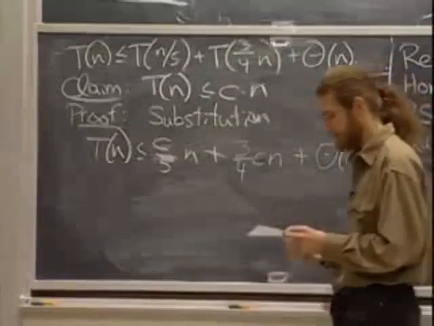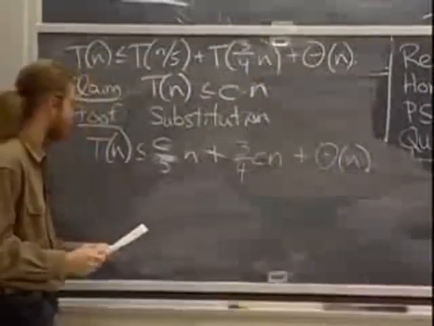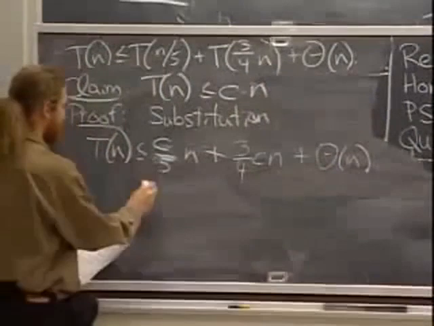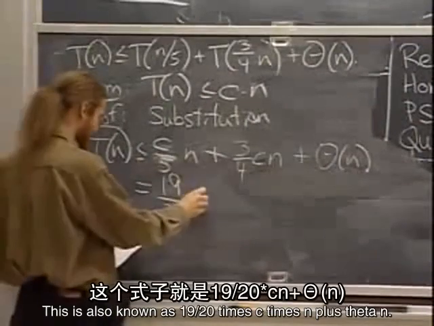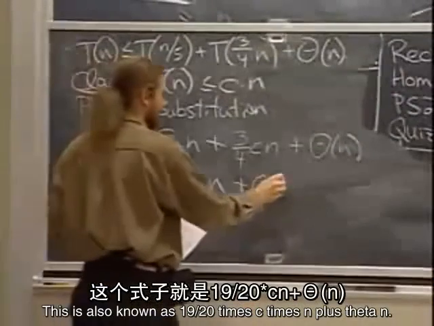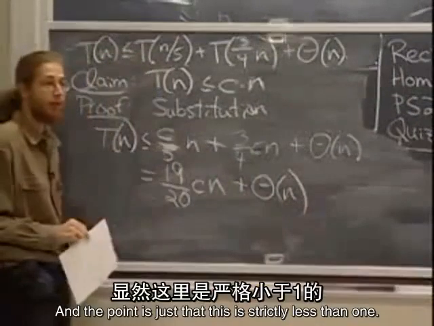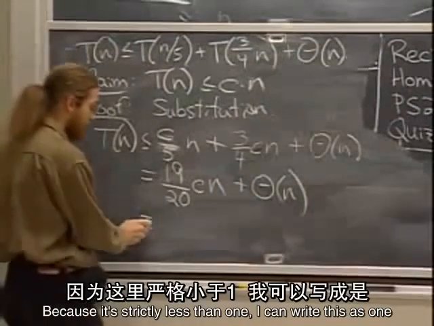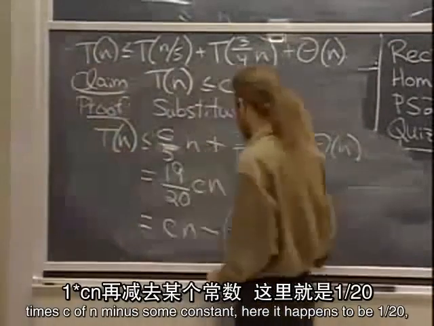Okay. Now, unfortunately, I have to deal with things that are not powers of 2. So I'll cheat and look in my notes. So this is also known as 19/20ths times C times n, plus theta n. Okay, and the point is just that this is strictly less than 1. Because it's strictly less than 1, I can write this as 1 times C n minus some constant.